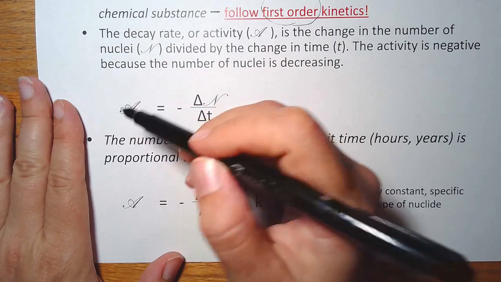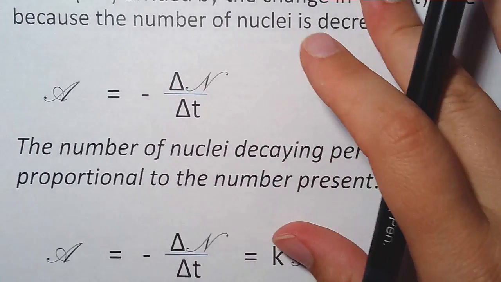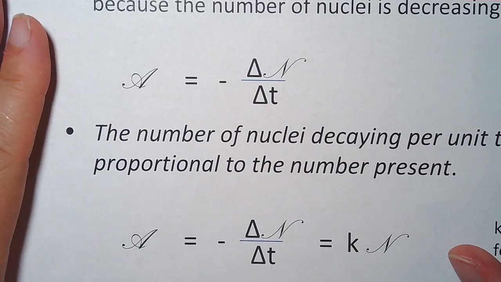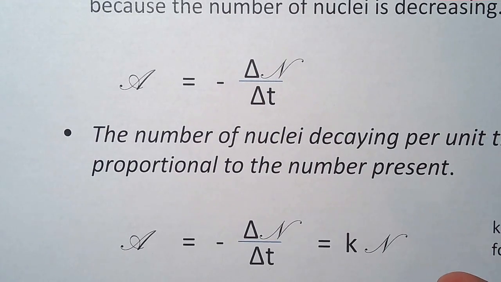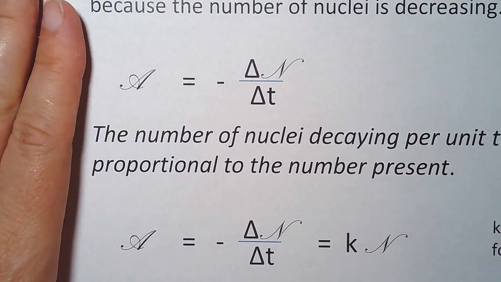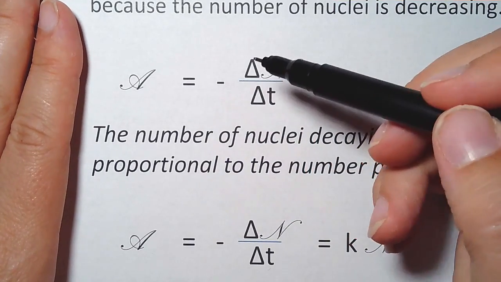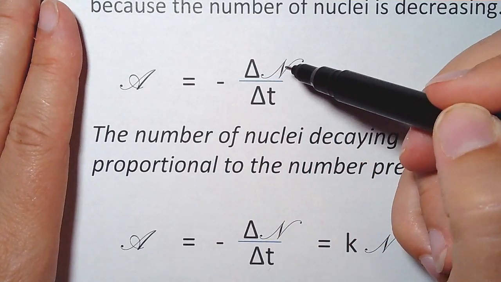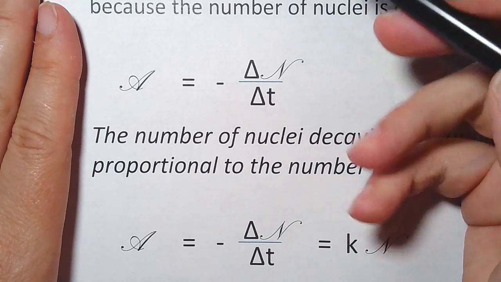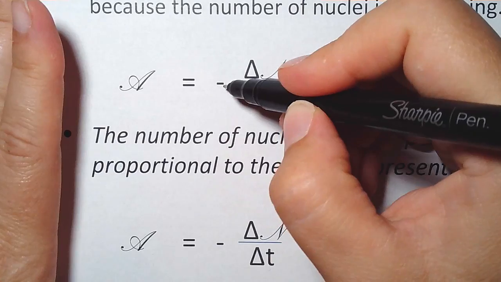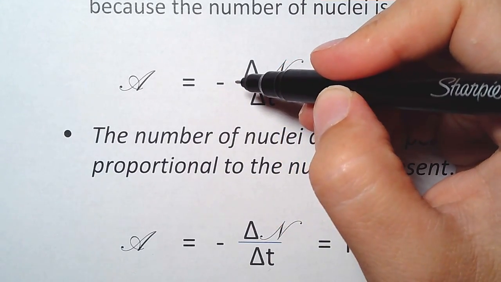So this funny A here represents the activity of the isotope, or how much radioactive activity we can expect from it. And that is proportional to the number of nuclei it has. Alright, so activity is equal to negative here because we're decreasing the amount because it's a reactant.